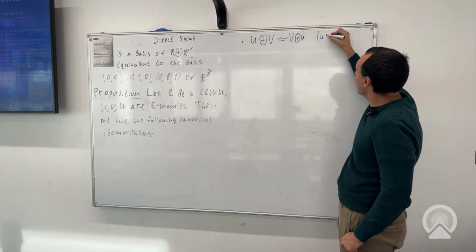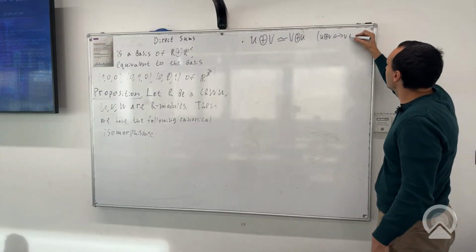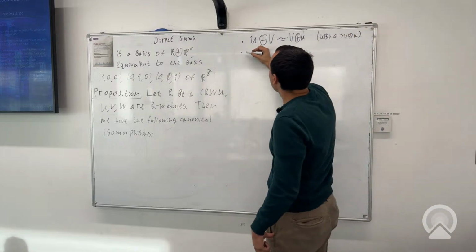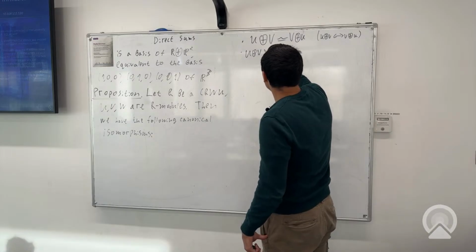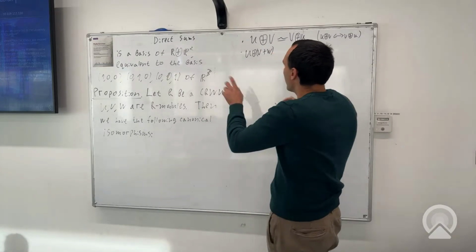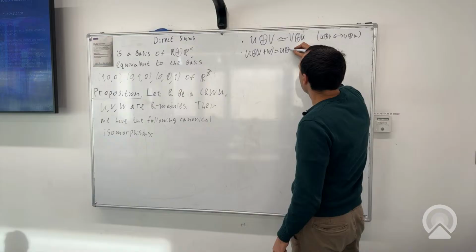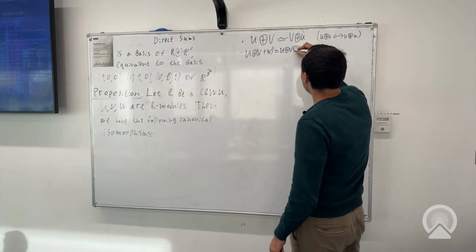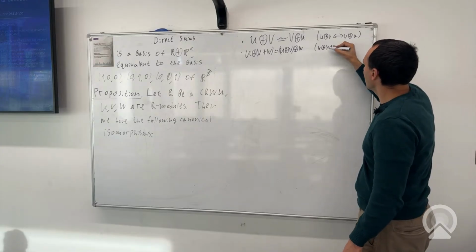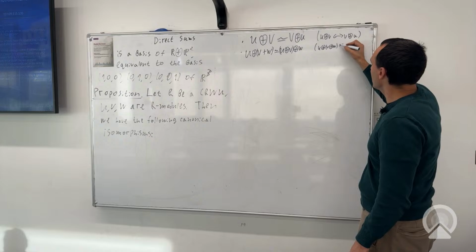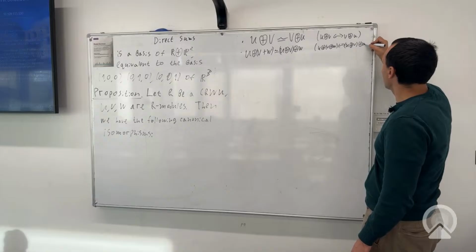I have a pair here, and I map it to the pair in V direct sum U. We have associativity as well: U plus V plus W is the same as U plus V, this with W. I always put the first bracket differently, but it doesn't matter.